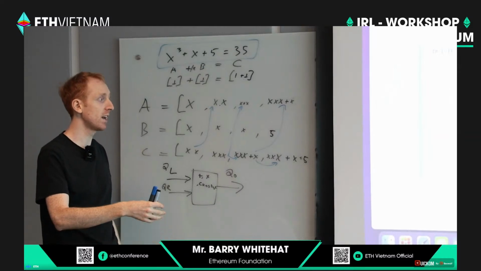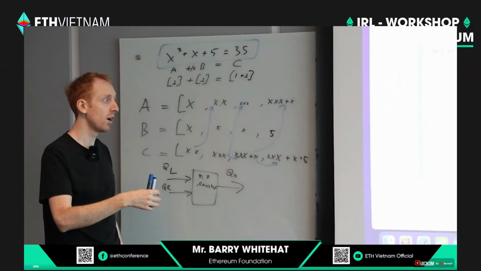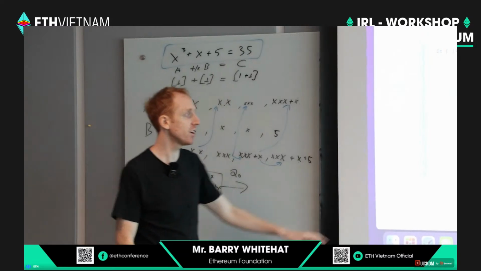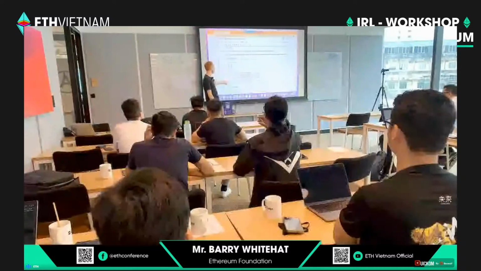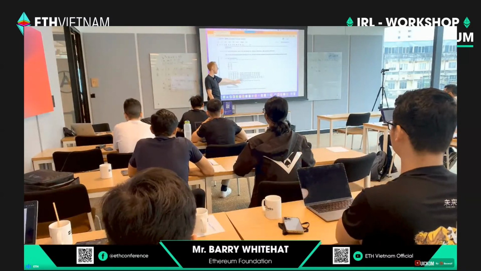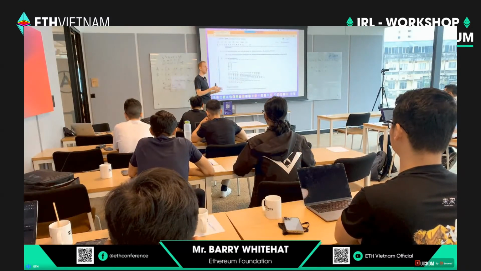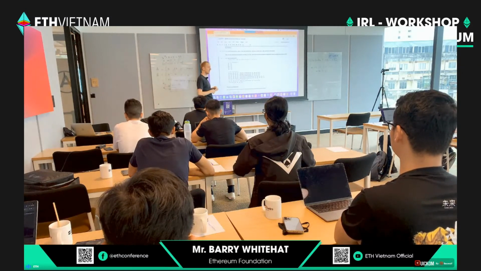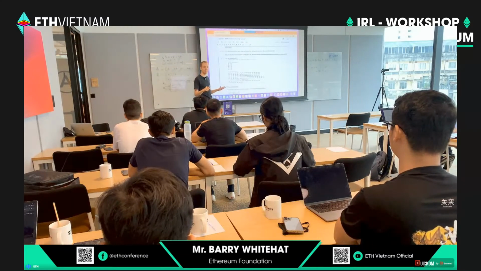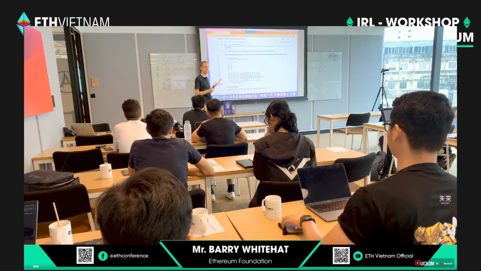Then we do an addition, then we do another constant where 35 equals 35, and then we do the final one where 35 equals x cubed plus x plus 5. Okay. This is how we define our proof.